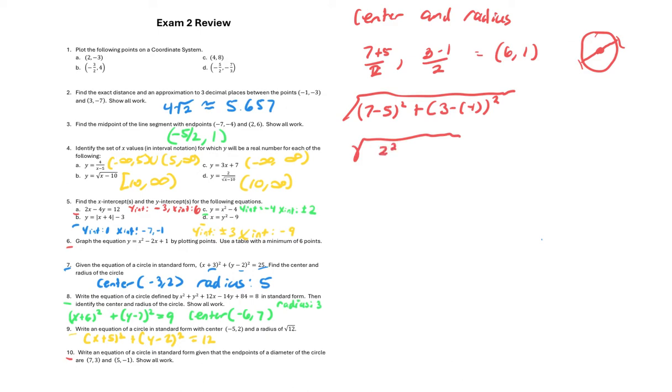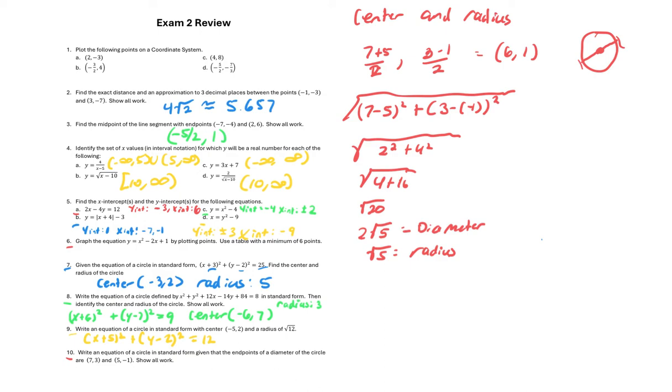So we'll get 2 squared plus 4 squared, 4 plus 16, all that square rooted, square root of 20, and that reduces down to 2 square roots of 5. Now remember, this is the diameter. So that means the square root of 5 will be the radius whenever we divide the diameter by 2.